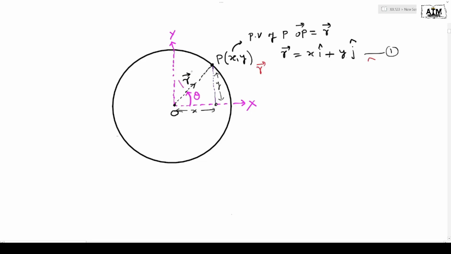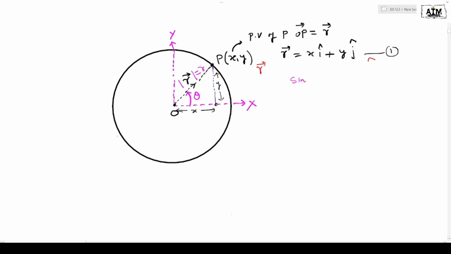Now the magnitude of vector R equals R, because if you want to find the x component and y component, then you require the magnitude. You cannot consider the vector quantity. Therefore here I have the magnitude of vector R equals R.